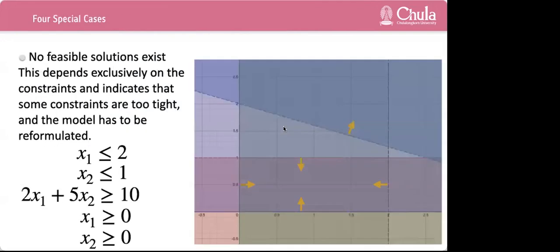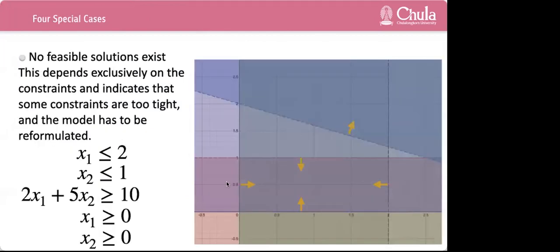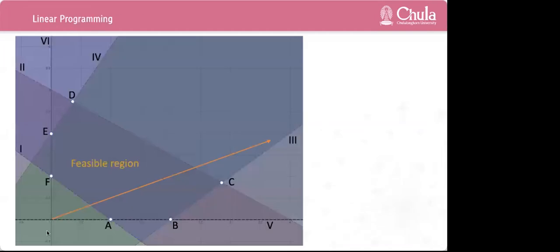And we learned the graphical method, right? The graphical method is an intuitive technique where you just identify the feasible region, the feasible set, and then from the feasible set, we identify the direction of the objective function, the gradient of the objective function. Then we can determine the maximum and minimum point.